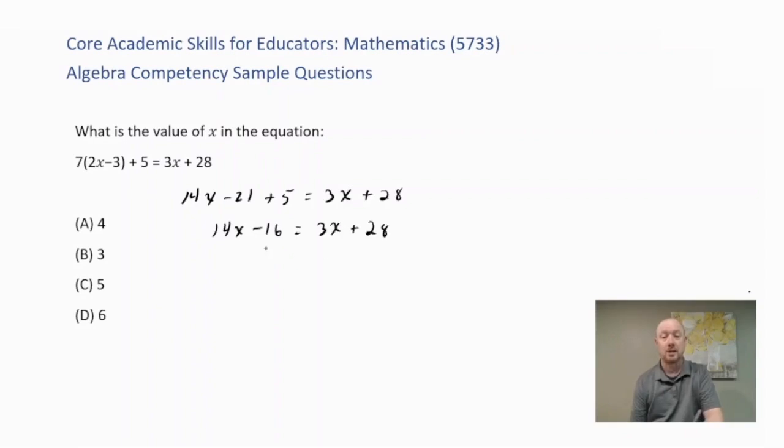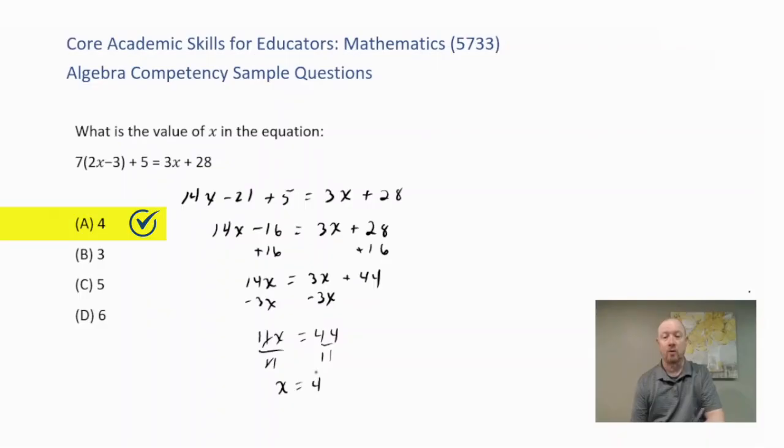I'm going to add 16 to both sides, which gives 44 on the right side. Then I subtract 3x from both sides, giving 11x equals 44. The final step is to divide by 11, so x equals 4, choice A.